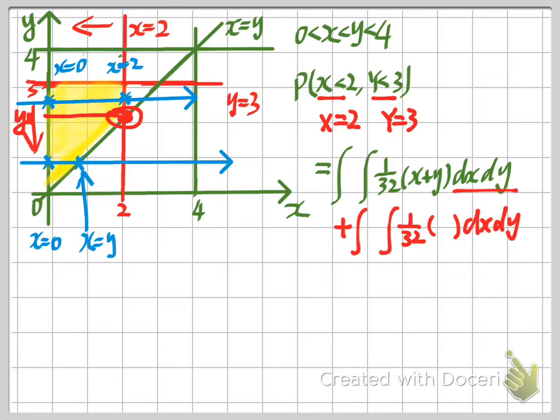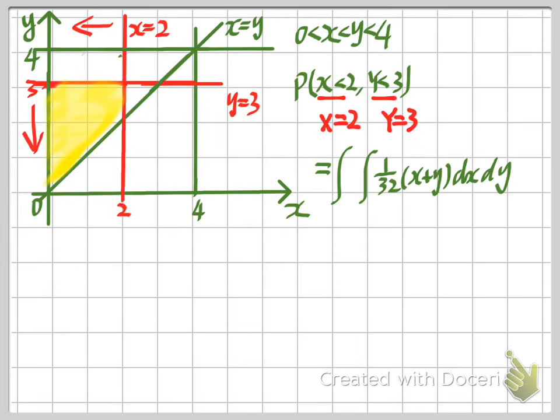It will be a little complicated. So instead of doing this, what should we do? We should change the order of our double integral. Instead of integrating first with respect to x and then with respect to y, we should integrate first with respect to y and then with respect to x.